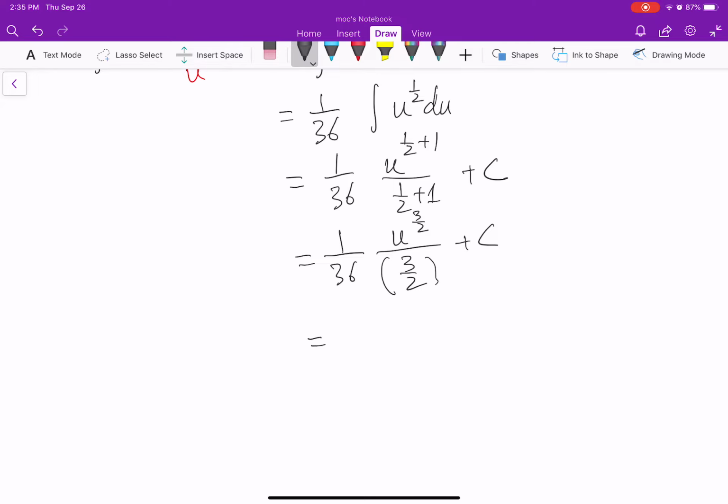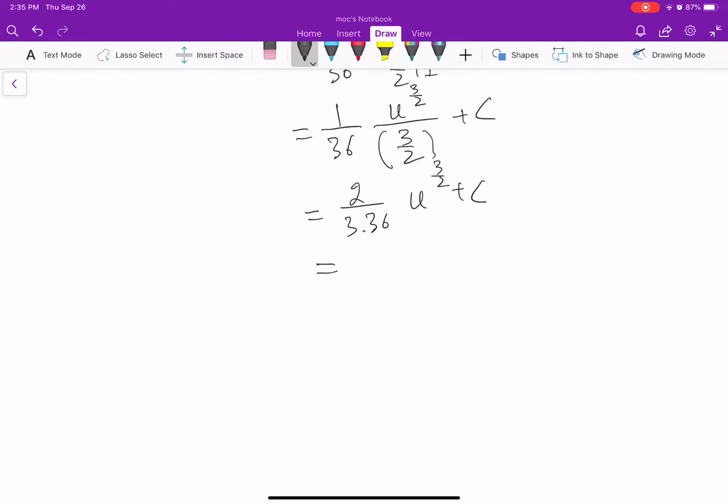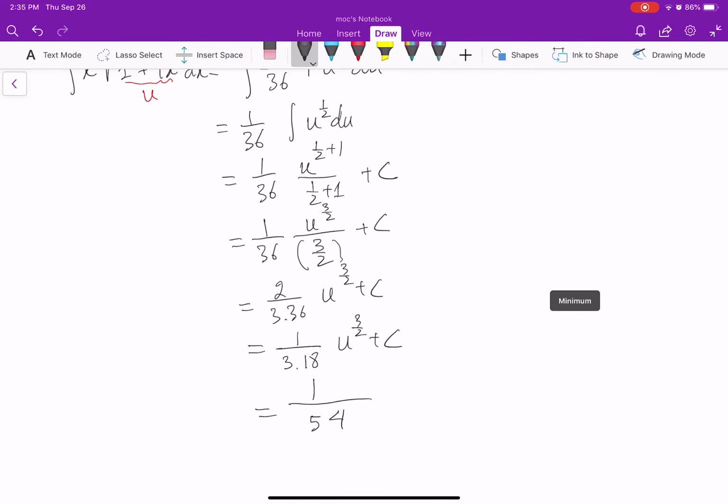So I get 2 over 3 times 36 u to the 3/2 plus c, which is 1 over 3 times 18 u to the 3 over 2 plus c, and that is 54. And then I will not write u in this case.